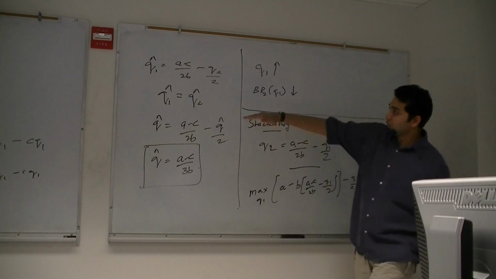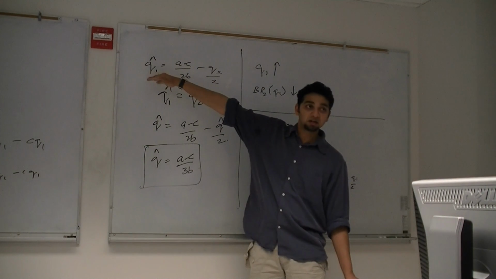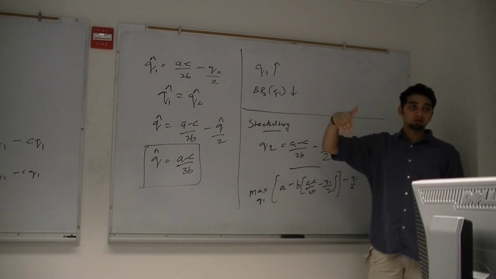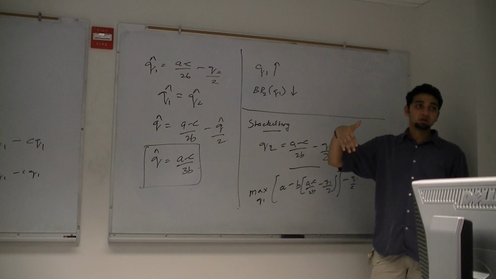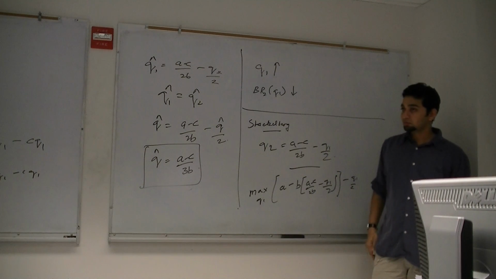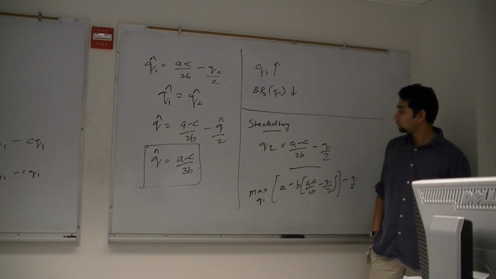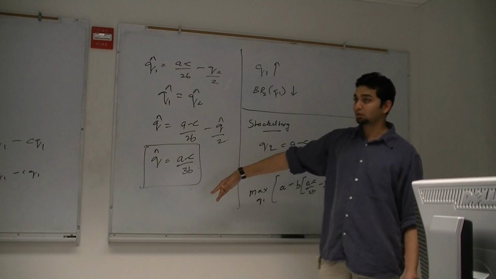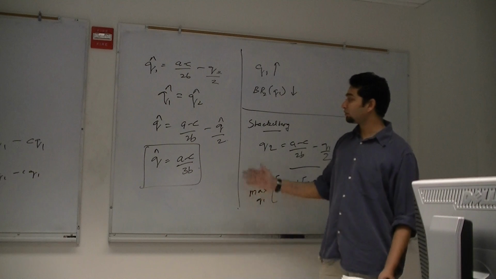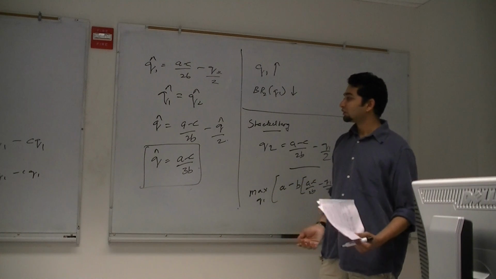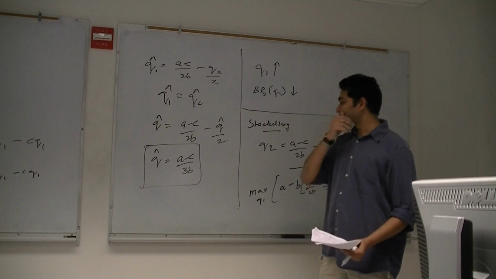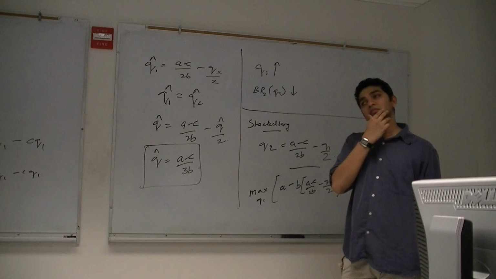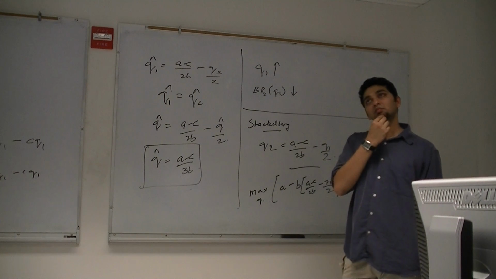But if Q1 were to increase the quantity, this will induce Q2 to decrease their quantities produced, so that the total quantity is equal to (A - C)/3B. Total quantity is basically Q1 plus Q2. They try to make sure of the maximum profit. Otherwise, if both companies increase the quantity, the profit of both companies goes down.